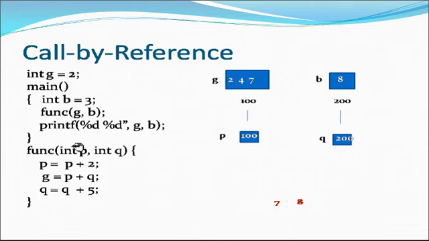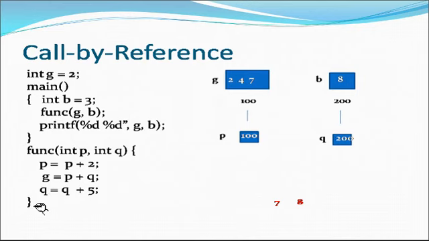Because G is now equivalent to P. G is tightly interlocked with P and B is interlocked with Q. The next statement takes the current value of P, which is 4, and the current value of Q, which is 3, and that is copied, and so you get the value to be 4.